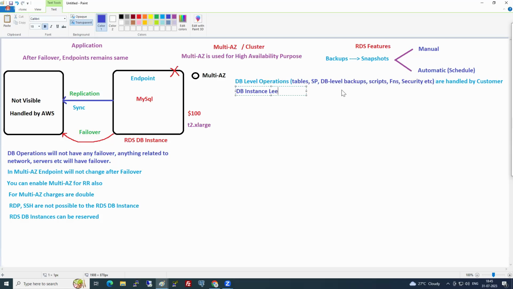DB instance level operations, like instance backup meaning snapshot, configurations, restorations, capacity, etc., are handled from the RDS console.